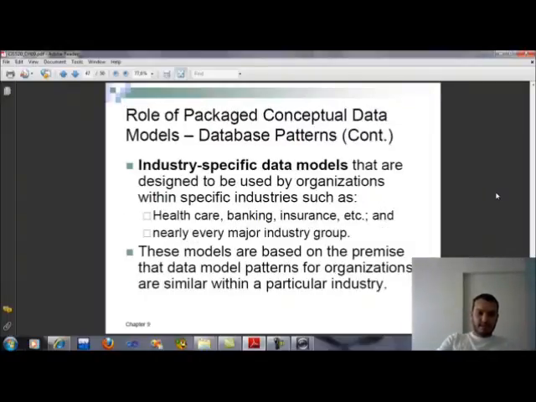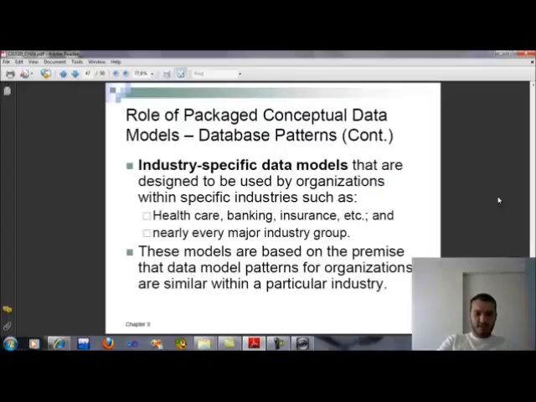And industry-specific data models that are designed to be used by organizations within specific industries such as healthcare, banking, insurance, and nearly every major industry group.